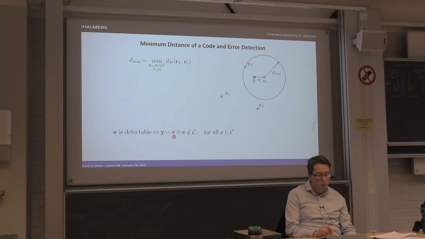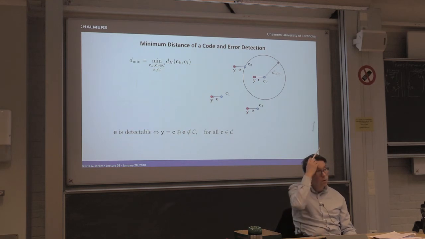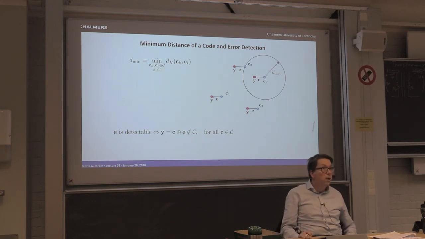Well, Y is C plus E, so that cannot be a code word, and that should be true for all code words. So it doesn't matter if I send C2, C4, C1, or C3; if this error is such, then I should not get another code word. So this error pattern is clearly detectable, right? Because I cannot go from one code word to another by just adding it to one code word.